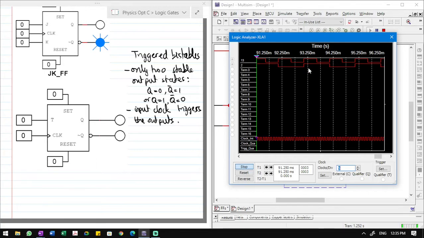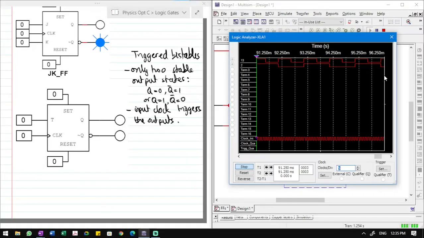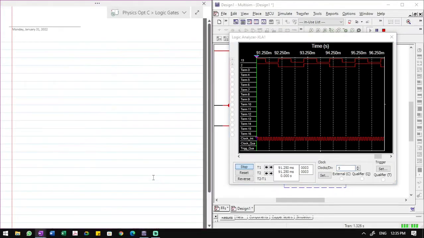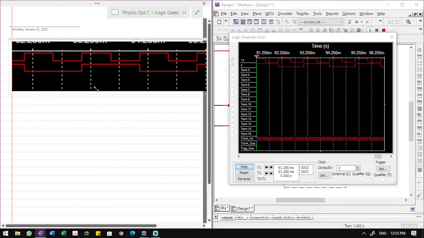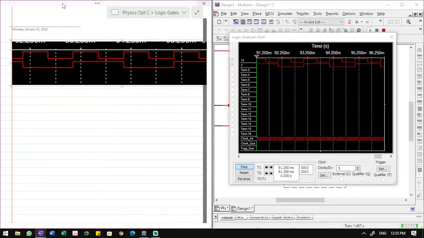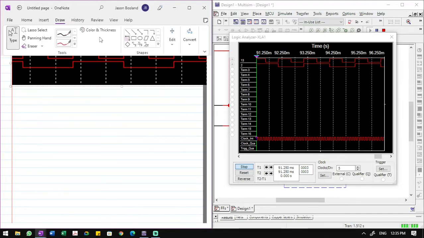Probably I could do this. Just give me a second. Just going to take that here and place it over here. Right, probably need to make it a little larger. So if I look at this here, and I'm trying to get an idea of what the frequency is, I probably have to use a different color.